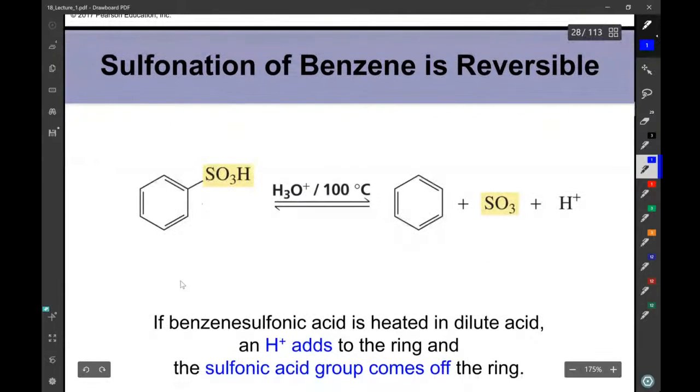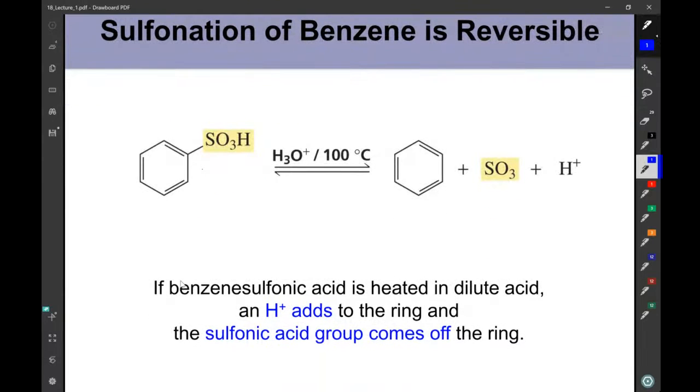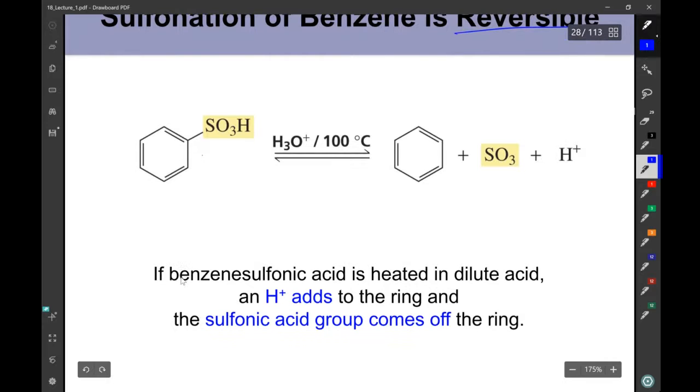Because the sulfonation reaction is a reversible reaction, remember I told you that at the beginning, at high temperature, it will collapse to give you back your benzene ring and SO3, sulfur trioxide. At high temperature, in the presence of dilute sulfuric acid, it will collapse to give you back the benzene ring and sulfur trioxide.